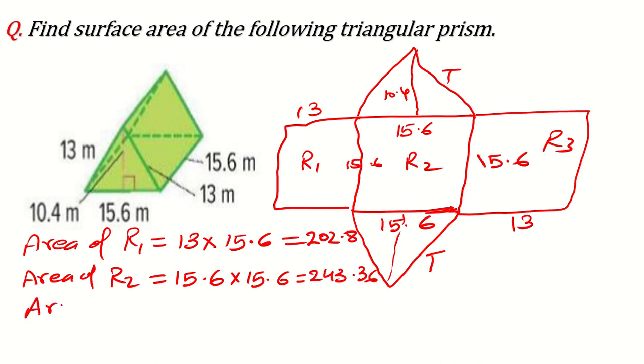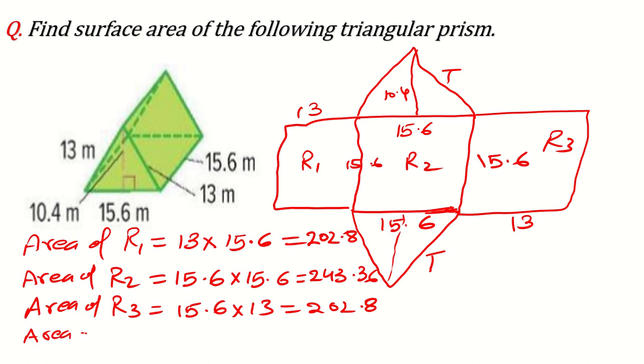And then area of rectangle 3 is equal to 15.6 multiplied by 13, same as the first area, so 202.8.